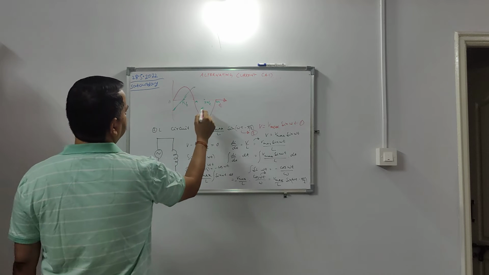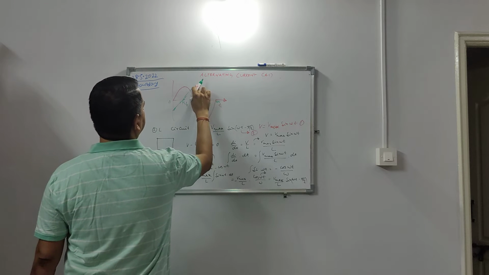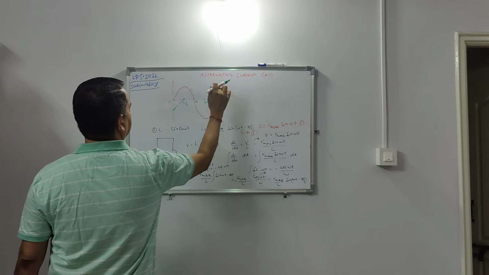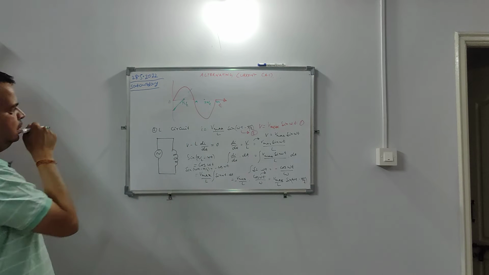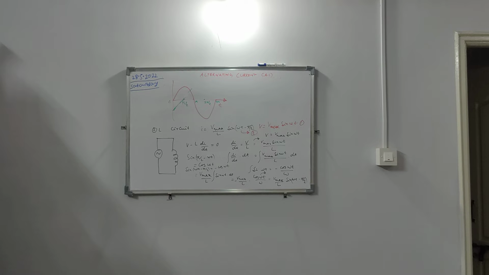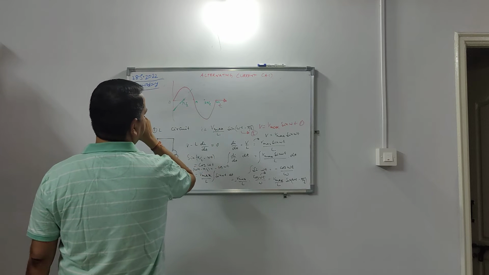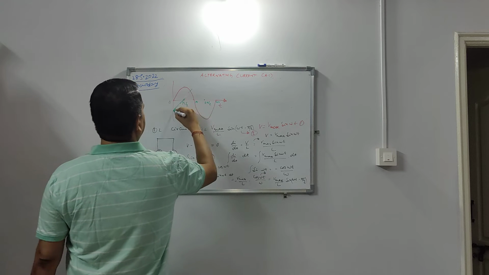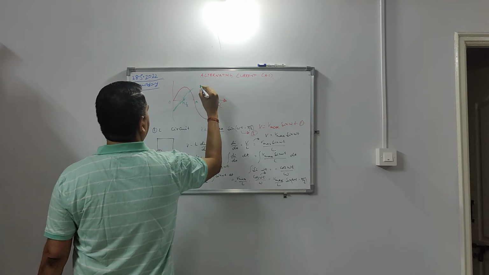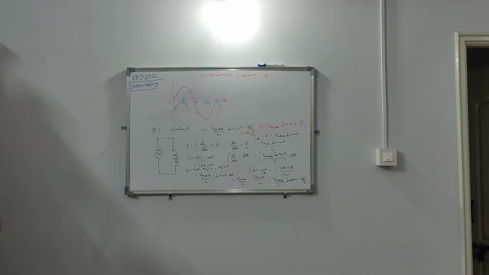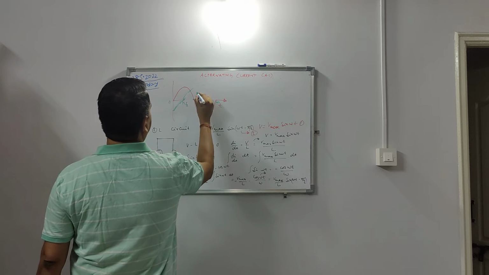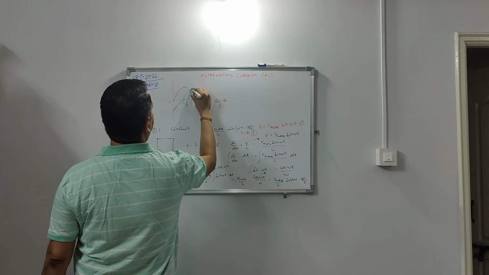So this is 0 here. So this point, it will be at this point. When it is 0, this is max, right?